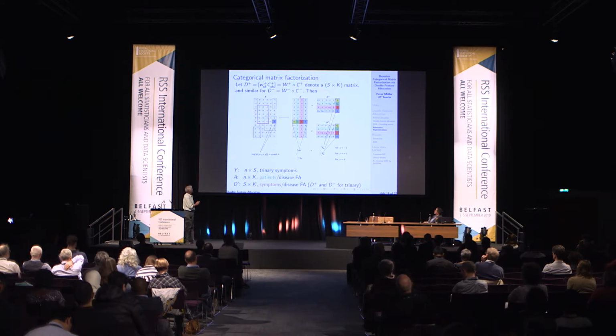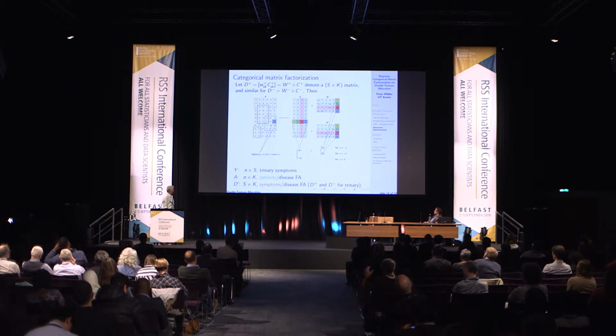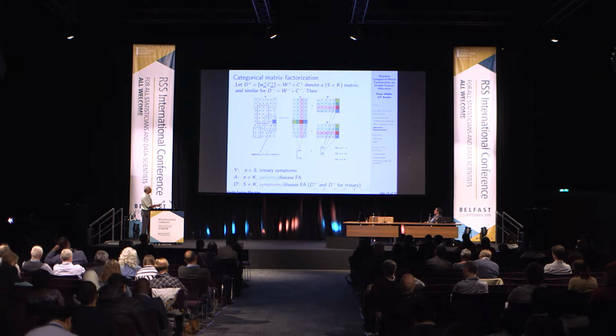If you combine the trinary matrix C and the weights into a single matrix, let's call it D plus for the symptoms at level 1 and D minus for the symptoms at level -1, then, as a log linear model, you can write the log probability of recording a symptom for a patient as a matrix factorization of the patient having the disease, weighted, linked to the symptom.